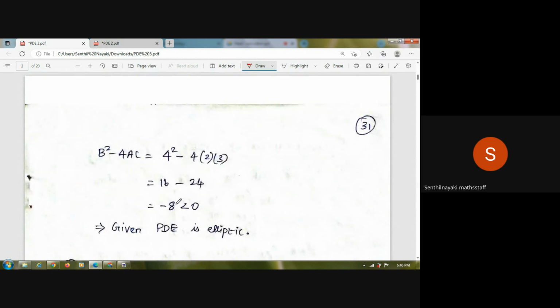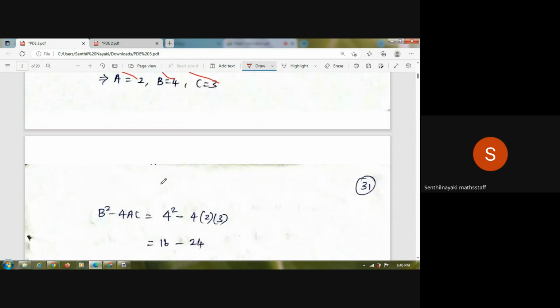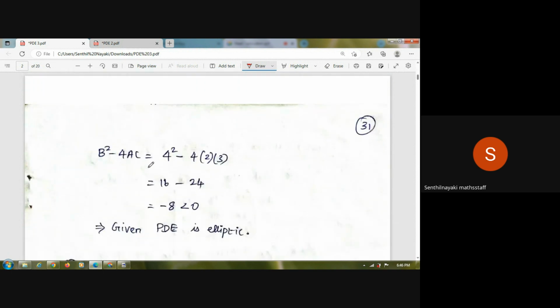Minus 8 is a negative value, less than 0. Therefore, if we get a negative value, then the given PDE is elliptic. So the given PDE is elliptic. This is an important topic. You may have a question on this type of concept.